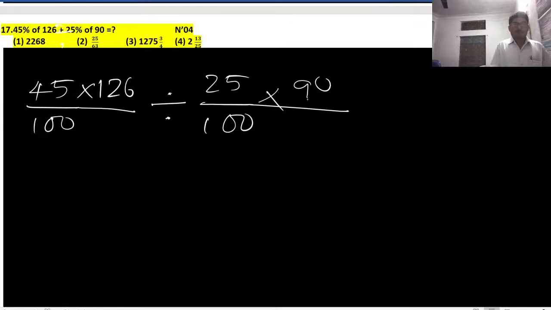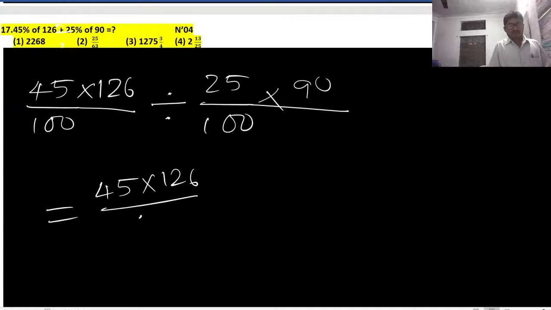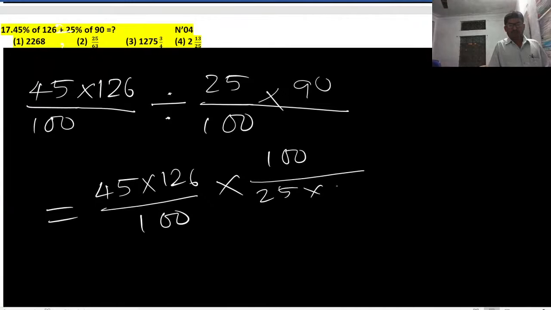To divide a fraction by another fraction, we multiply with the reciprocal of the second fraction. So first we have to do it like that: 45 into 126 by 100 into 100 by 25 into 90.